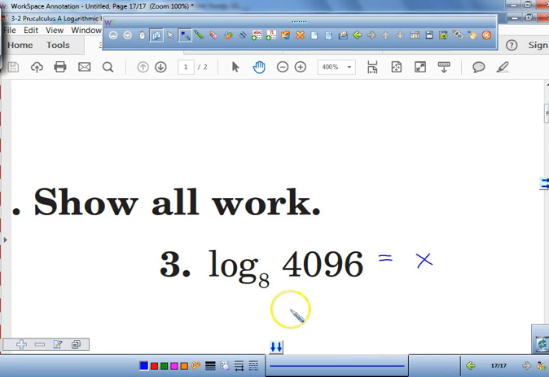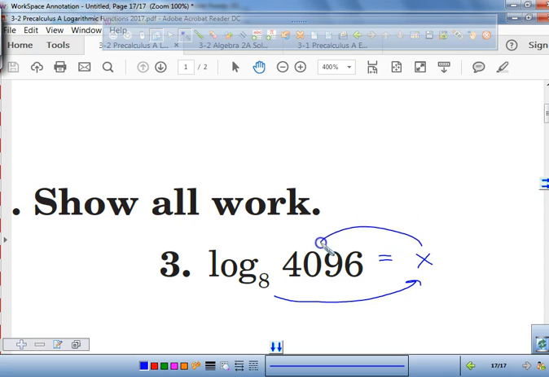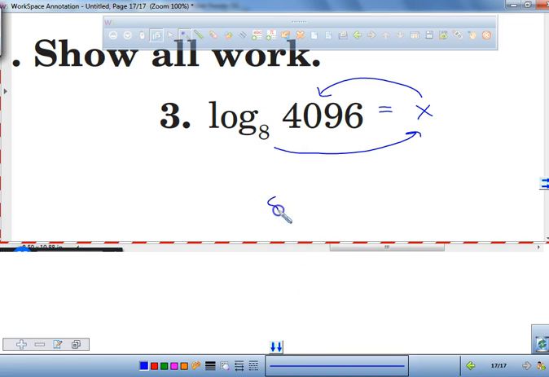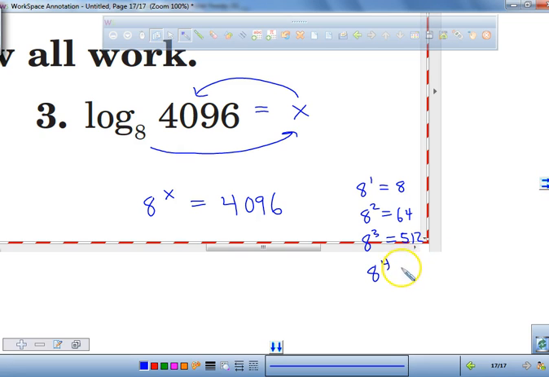Number 3, put equals x. I want you to change it to exponential form. We're saying 8 to the power of x equals 4,096. 8 to the first is 8. 8 squared is 64. 8 to the third is 512. 8 to the fourth, we'll multiply that by 8.